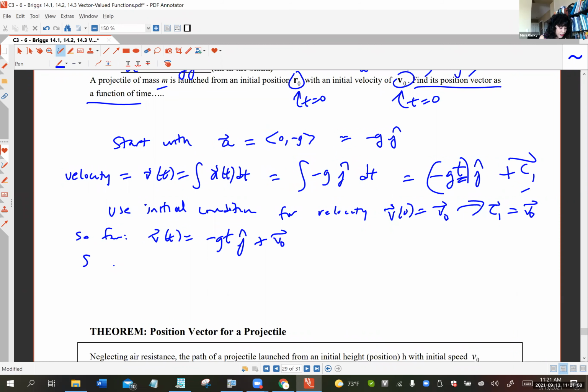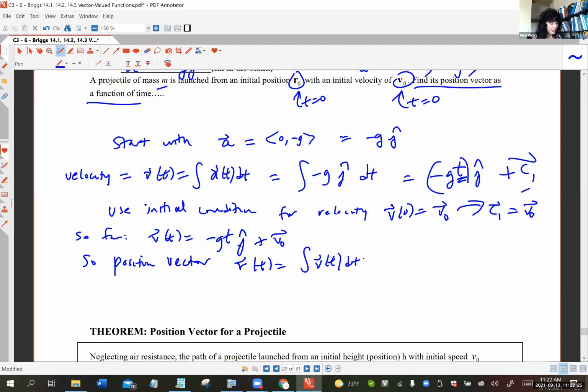So the position vector, which we'll call r of t, that's just classic notation. We want to integrate the velocity vector, and that'll give us position.